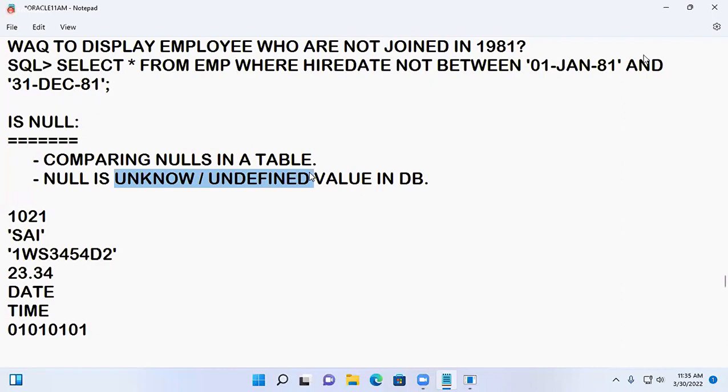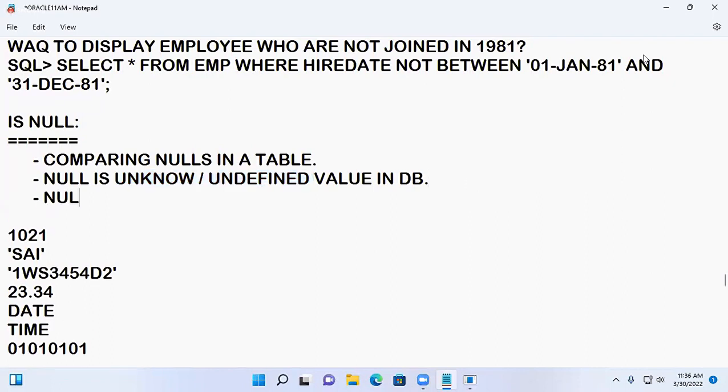The remaining operators we discussed, we can't apply on nulls, because I don't know what null exactly is. If I knew that, then I could use some operator, but null is an unknown, undefined value.